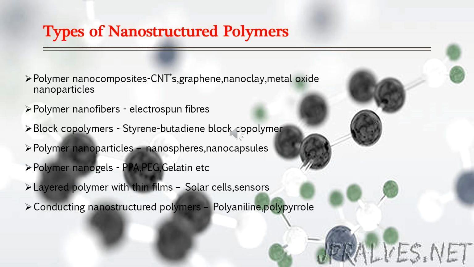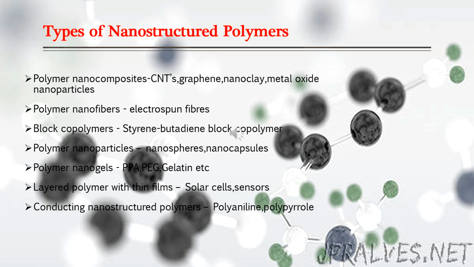Polymer nanofibers are extremely thin fibers produced mainly by electrospinning, where a high voltage draws polymer solution into thin fibers. Examples include polyvinyl alcohol, vinyl nitrile, etc. Then the third one is block copolymers.